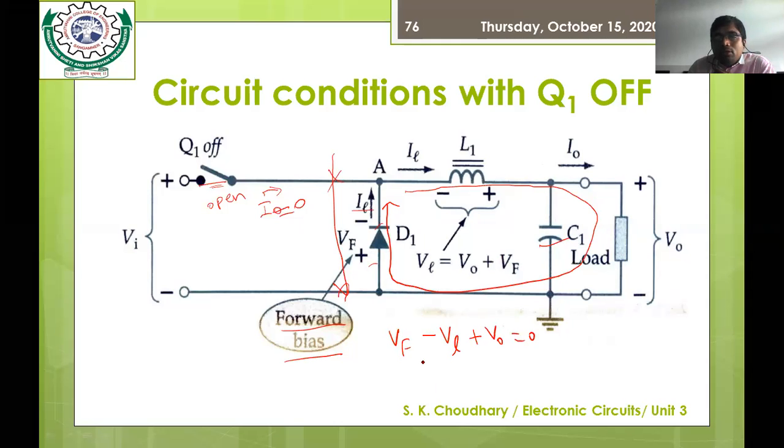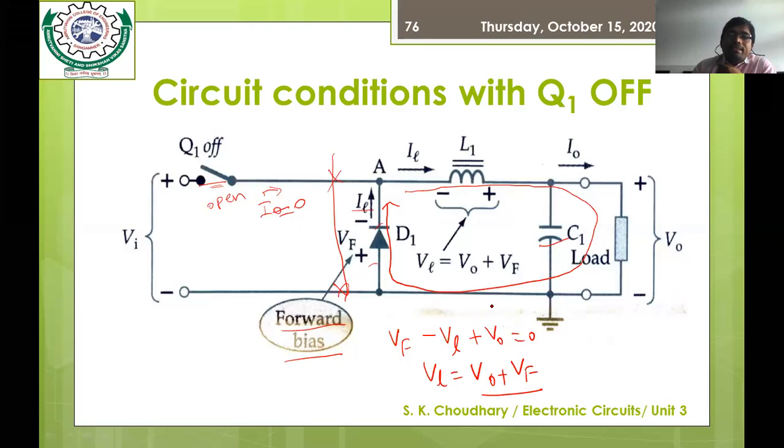So it becomes 0. So VL is equal to what? V naught plus VL, the voltage across the load and diode, that would be the sum. After summation you will find this is equivalent to the inductor voltage, the drop of the voltage across the inductor, or you can say the discharging voltage.